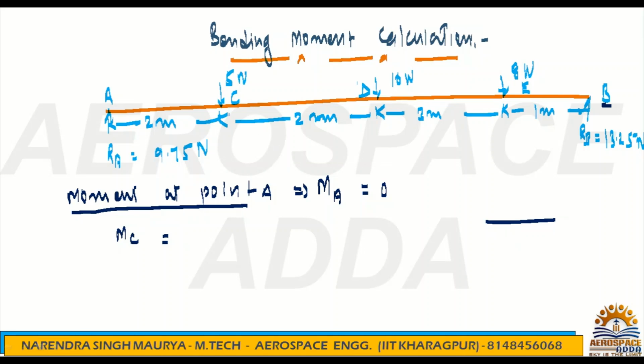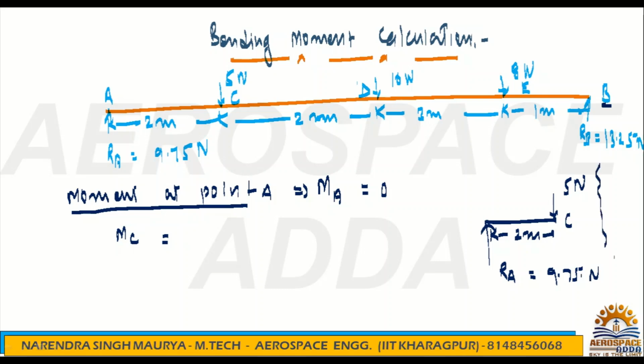So now this is the point C. At point C, the load is 5 Newton, at a distance of 2 meter, and this load is RA, which is 9.75 Newton. If I'm calculating at C, the right side we do not have any other part now. Exactly at point C, a 5 Newton load is there.